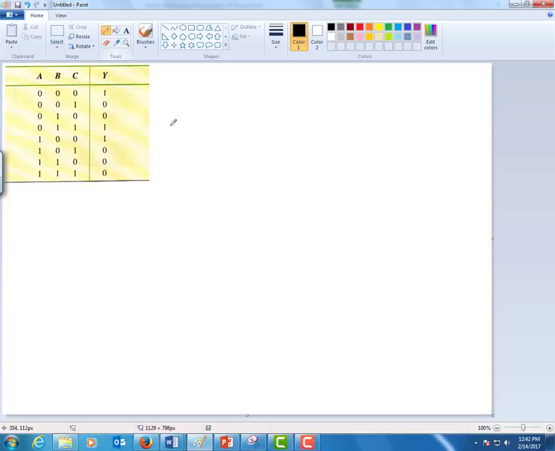So, this time, let's see, when is y equal to 0? Well, y is equal to 0, which we're going to call y bar, that's equal to 1 when a is low, and b is low, and c is high, right?